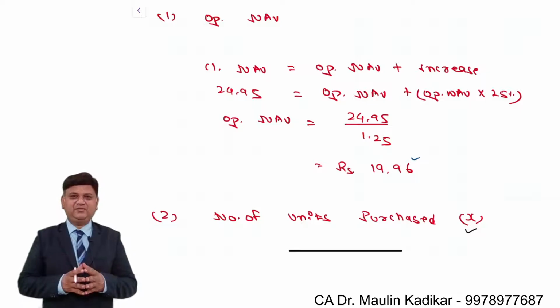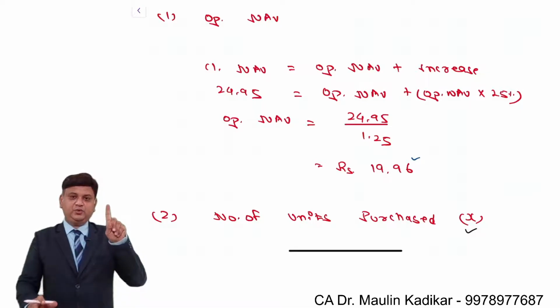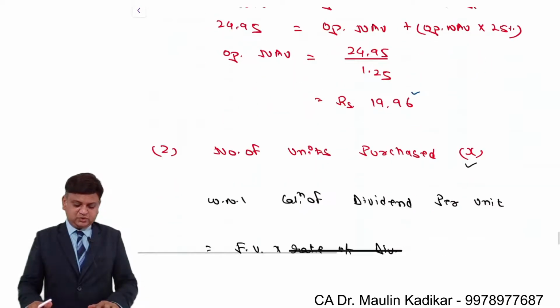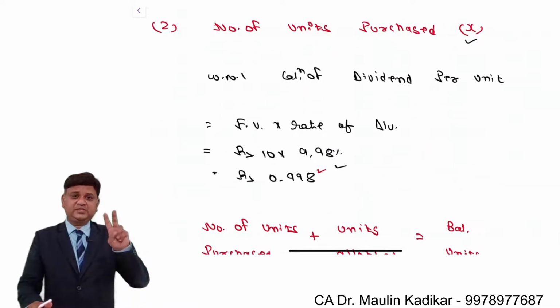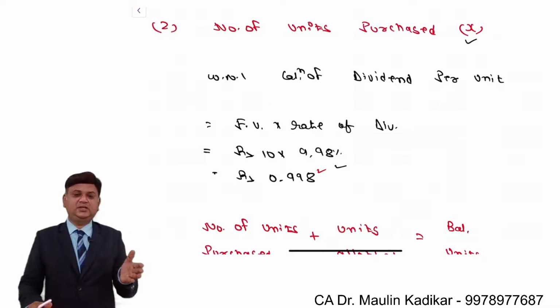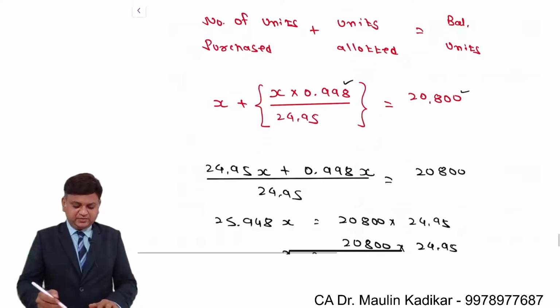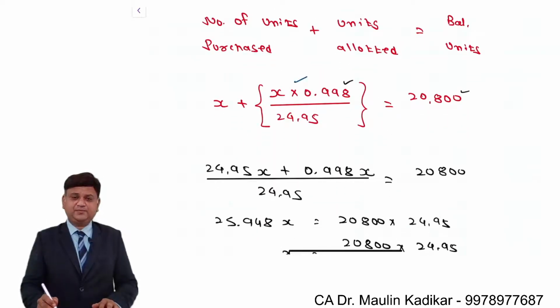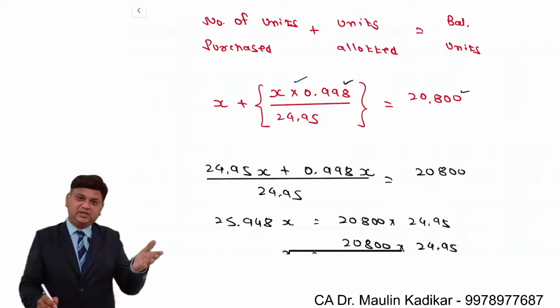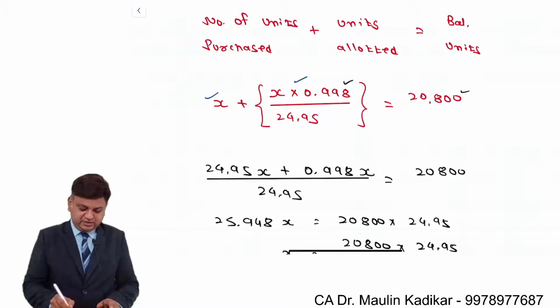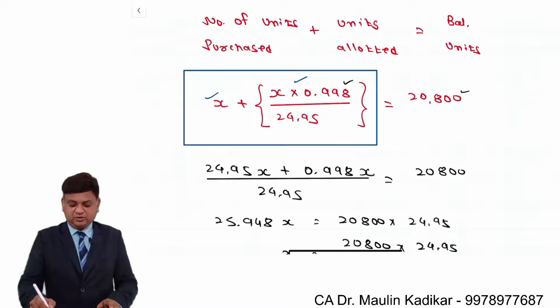So let us have the final revision. First of all, we compute the opening NAV, that is closing NAV divided by 1.25. Second is the number of units that you purchase. First dividend per unit, then dividend per unit into number of units divided by NAV per unit at which the units are allotted, that is year end NAV, plus initial number of units, that will give us the total number of units, equal to 20,800.